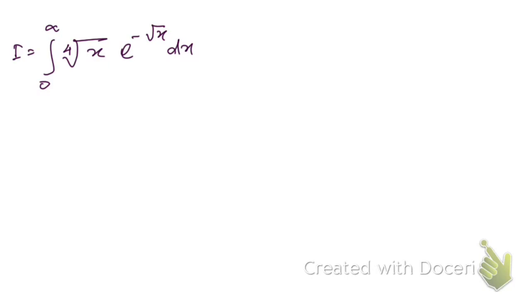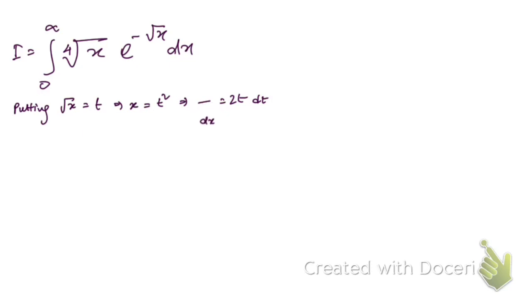So here you see, let us put root over x is equal to t, suppose, and then we're going to have x is equal to t square. If you differentiate both sides with respect to t, then dx by dt is equal to 2t, and hence dx is equal to 2t dt.